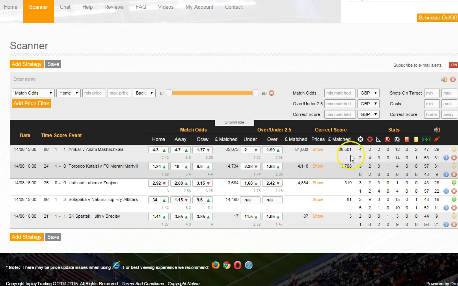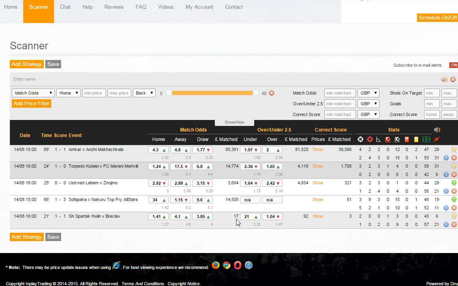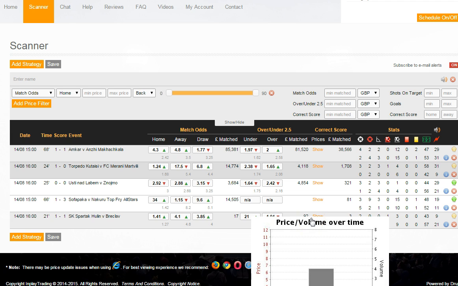Also, the liquidity is quite important as well, because even though we could have an attractive game down here, we might think, oh, this is quite a good one to trade, but if we look at the volumes involved, taking this game at the bottom, we've currently got £17 matched in the match odds market and £92 in the under 2.5 goal market.